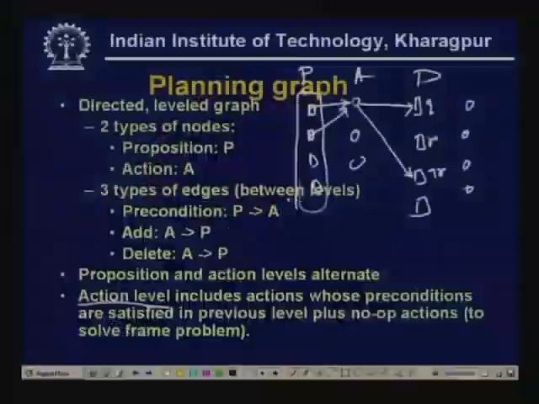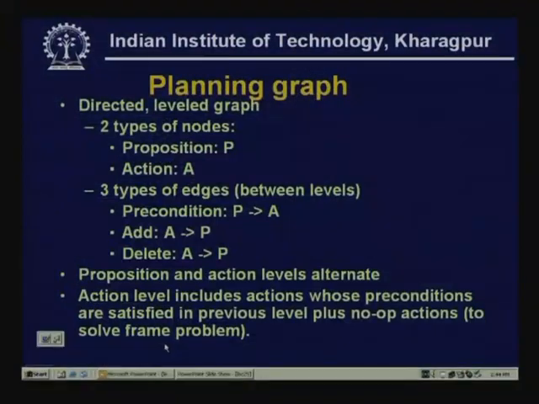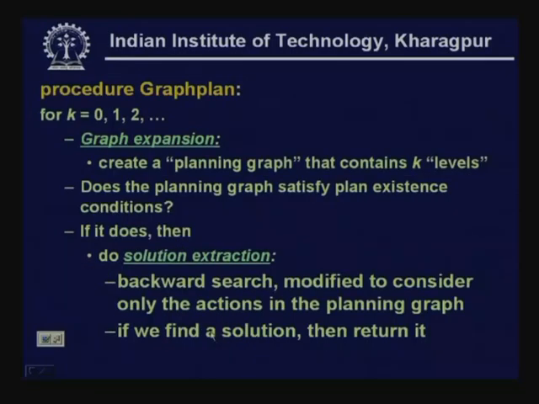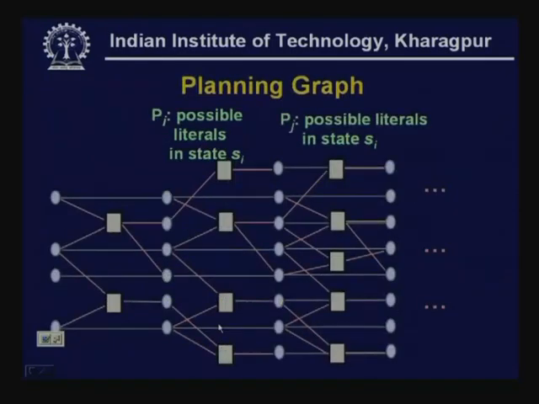So, corresponding to these propositions, we will have maintenance actions or no-op actions. Now, let us look at an example of the planning graph, and then we will go back and look at the algorithm graph plan.